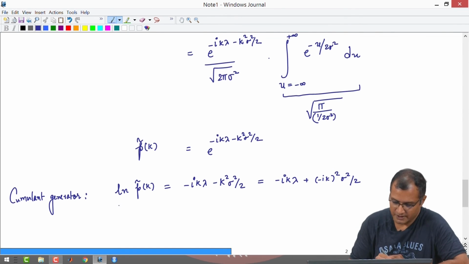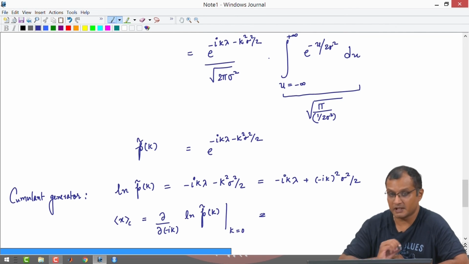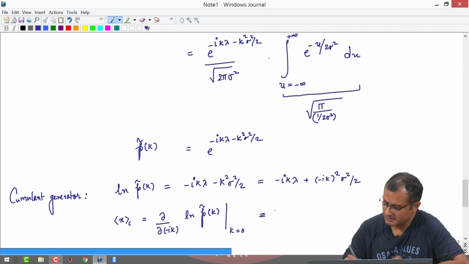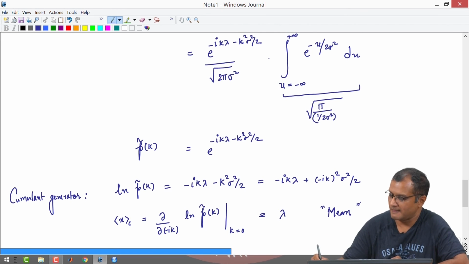So, now you know that the first cumulant is nothing but the first derivative of the cumulant generator evaluated at k equal to 0, which comes out to be just lambda. So, this is the mean, and we already know that the first cumulant is the mean.